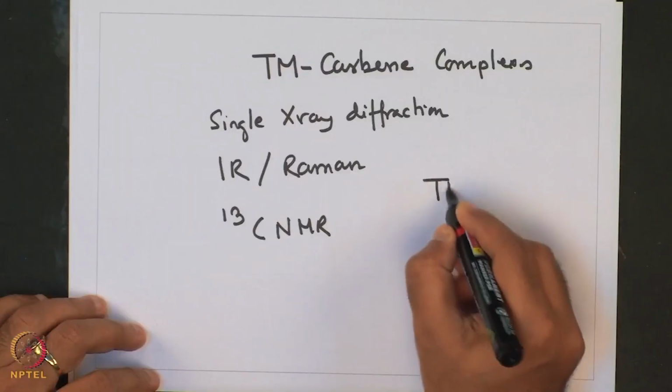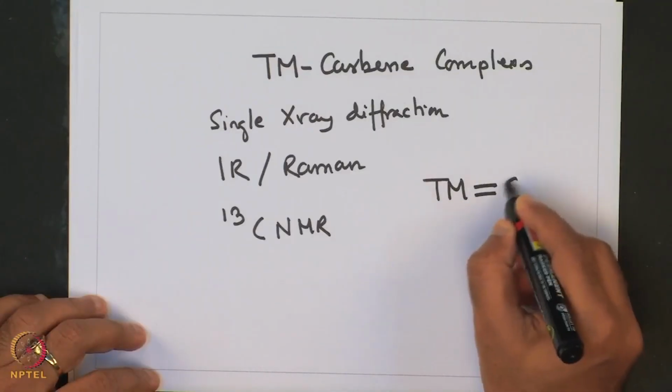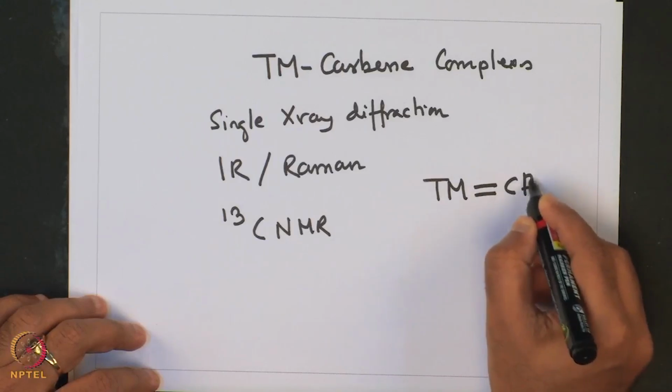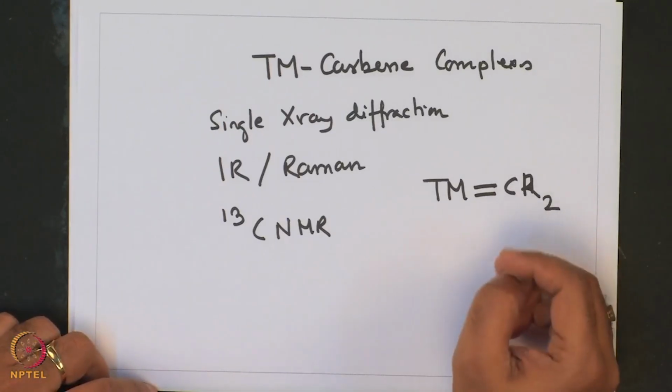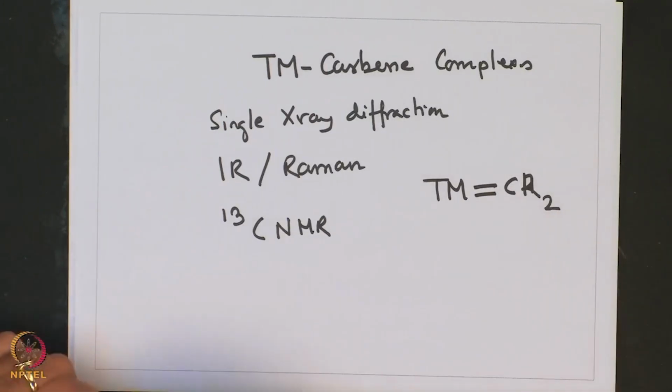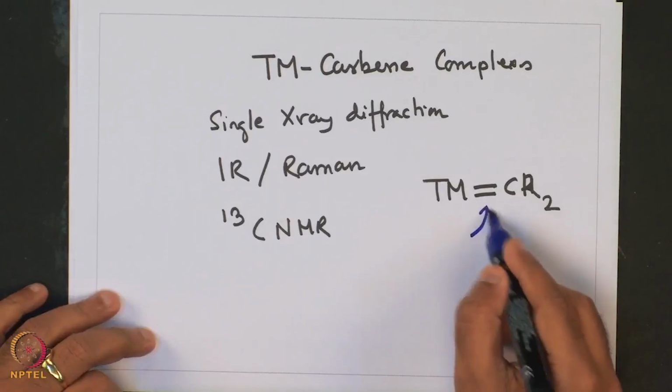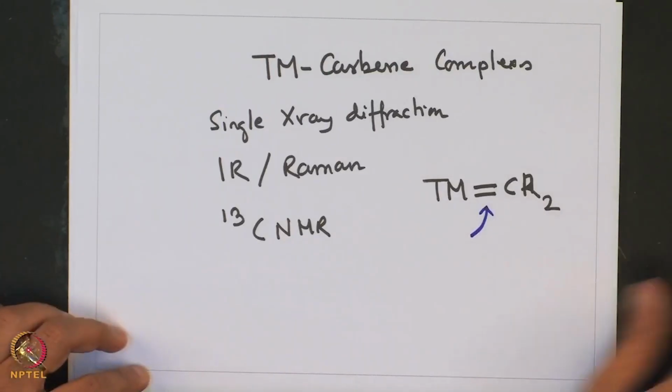X-ray gives a clear idea as to the transition metal carbene bond lengths, which would be a sort of multiply bonded and should have a very short distance. We had seen that reflected in the transition metal carbene bond length both in the Fischer type as well as the Schrock type.